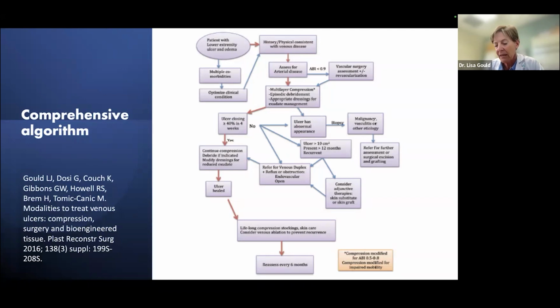Modify the dressings as the drainage goes down and you get the wound healed, you're a hero. And then they go into compression stockings, and that is for their life. Those valves do not go back to normal. That is the treatment right now for venous insufficiency. And we've tried vein or valve replacements and they don't work.